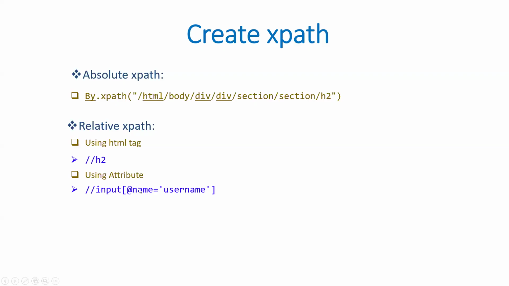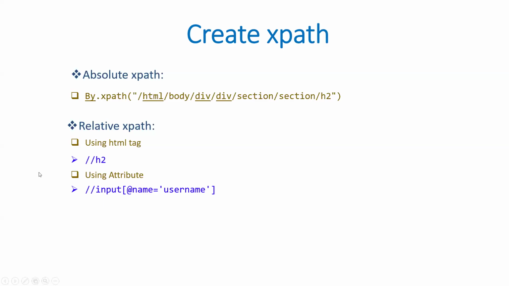Always the attribute should be defined with @. There should be a prefix of @ for every attribute name, and the attribute value should be enclosed with single quotes inside square brackets. Always attributes should be defined inside the square brackets in the XPath. So that is how an attribute should be defined.